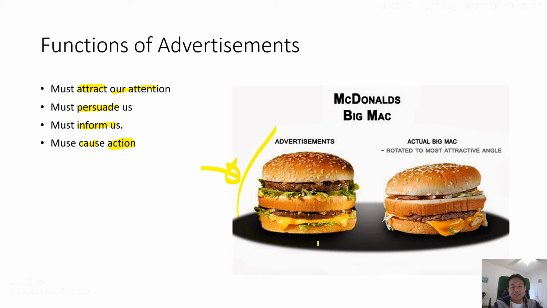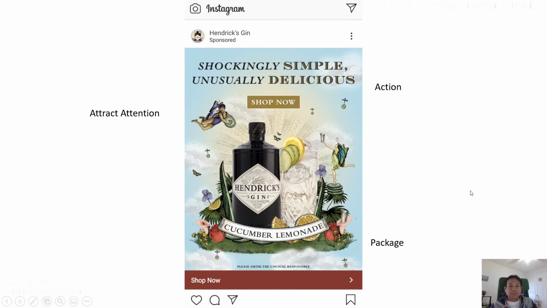They advertise like this. They attract attention by looking tasty, persuade by showing a good patty, and last, inform us, and that takes action.